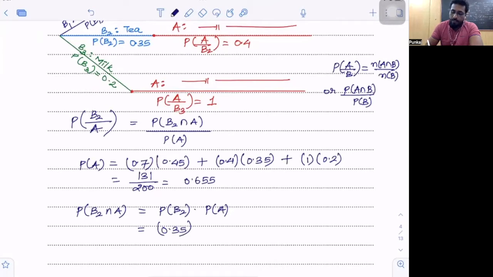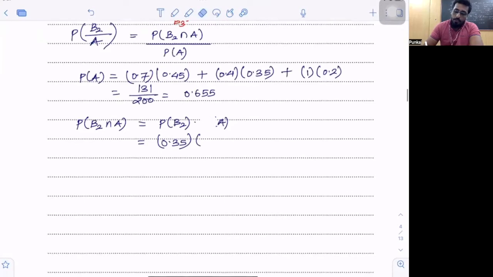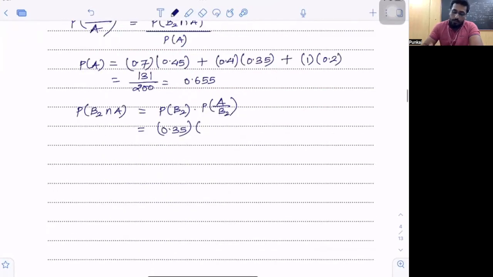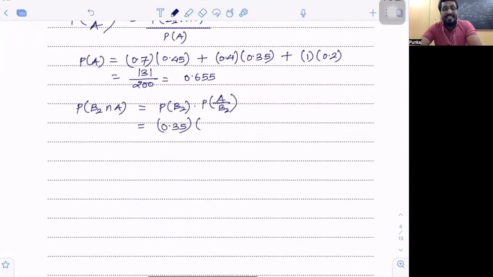0.35 multiplied with what is probability of A? So probability of A means what here? So this is A under B2, right? I'll better write it over here, not just P of A. I'll write here probability of A under B2. So that probability is 0.4, right, students? Because B2 intersection A is happening. B2 intersection A means what?